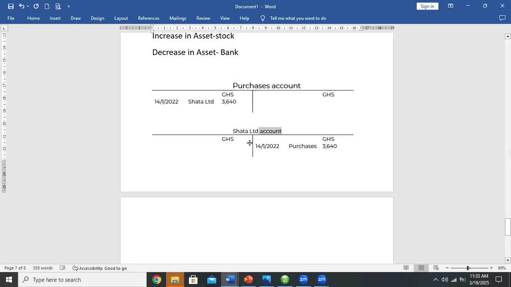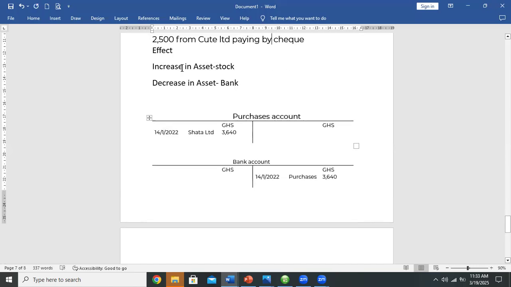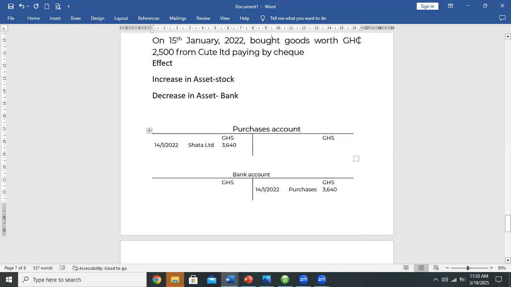Who do we debit? Who do we credit? Let's do the analysis. With purchases, which is the stock, there was an increase in assets. So we debit purchases, right? So the date will be 15th. Let me change the date, 15th. The details will be bank, that's the other account, and the amount is 2,500.